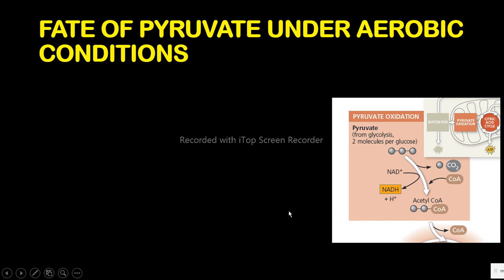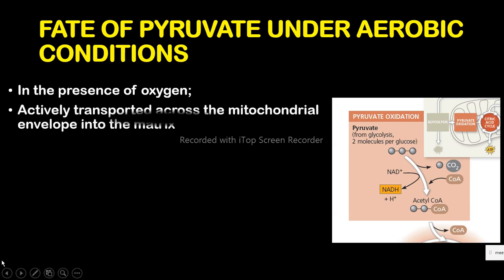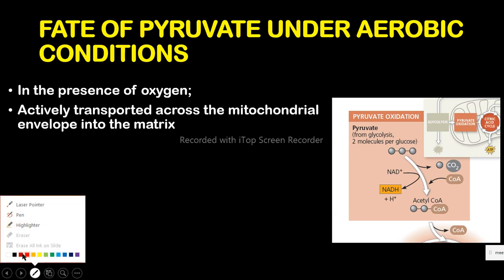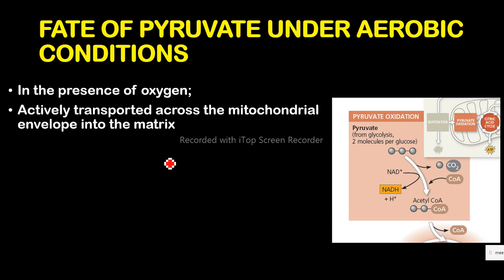So now let's check on the fate of the products of glycolysis in presence of oxygen. Respiration usually has three main stages: glycolysis, the Krebs cycle, and then the electron transport system, the ETS.